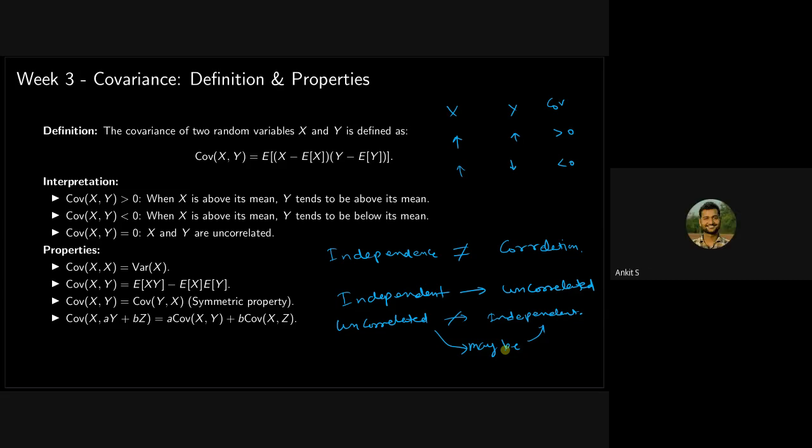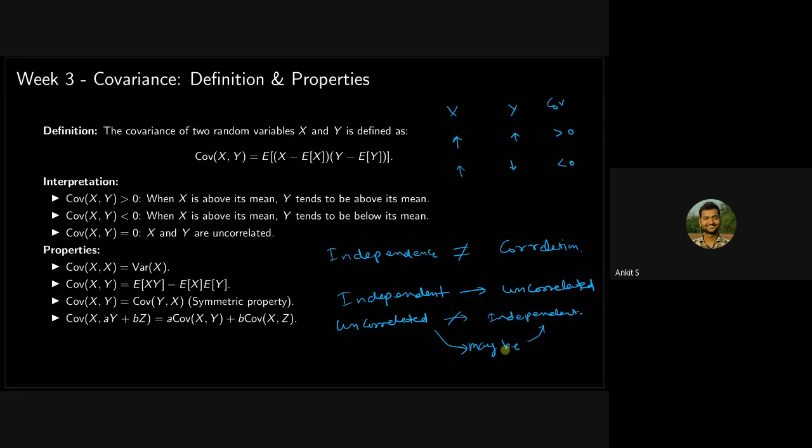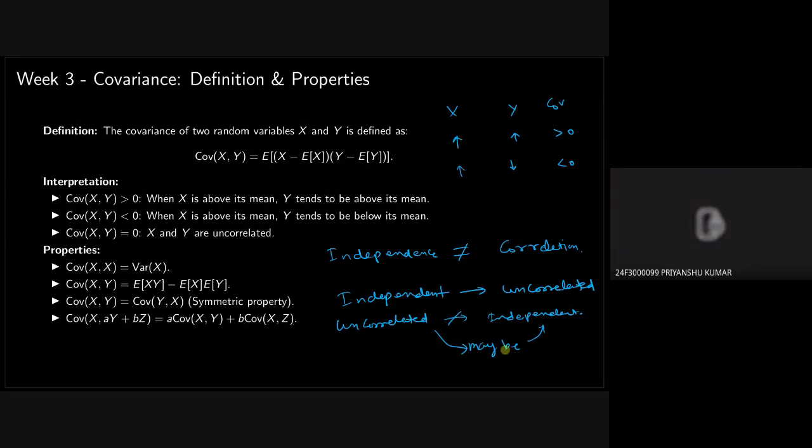Exactly. But in the case of correlation, we say that when a random variable increases or decreases, the other random variable does not get affected. In that case, we say that it is uncorrelated. Both of them look the same, but they are not. In correlation, we can say directly proportional or inversely proportional. Yeah, that's right.